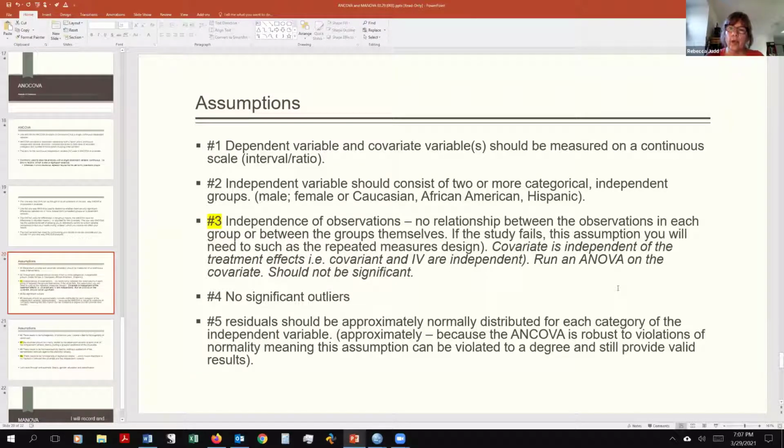Remember, we ran the ANOVA with the covariate being education and gender, and it was not significant. So our covariate and our independent variable were independent of each other. So you just do an ANOVA with your fixed factor, gender, and the covariate, education, and if it's not significant, then you're okay. Yes.